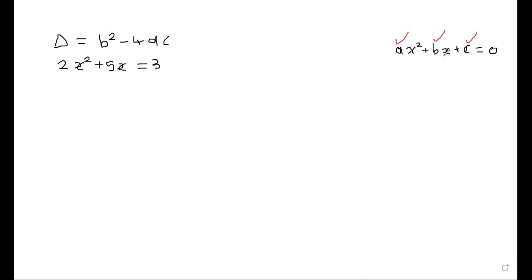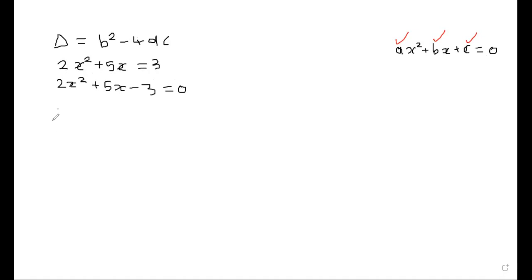So getting it into this form, we'll have 2x squared plus 5x minus 3 is equal to 0. Now we can apply the discriminant.